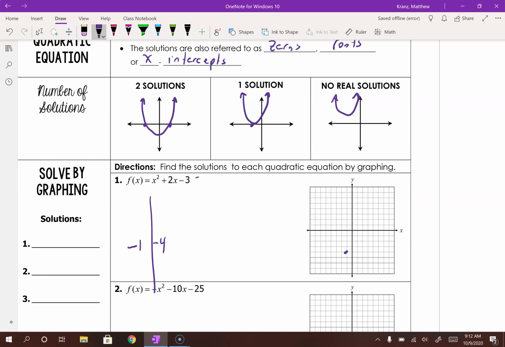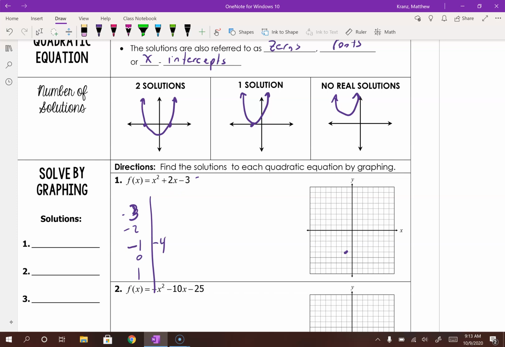When we go ahead and graph this, let's say I try negative 2, negative 3, 0 and 1.